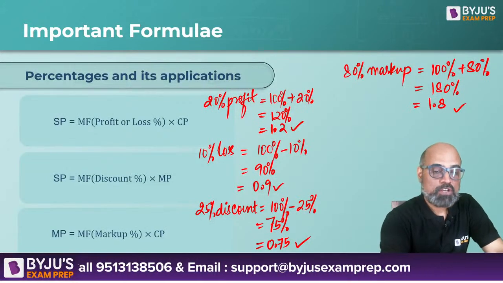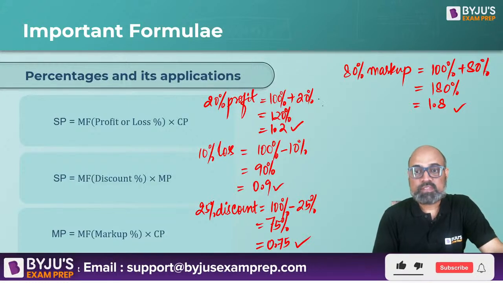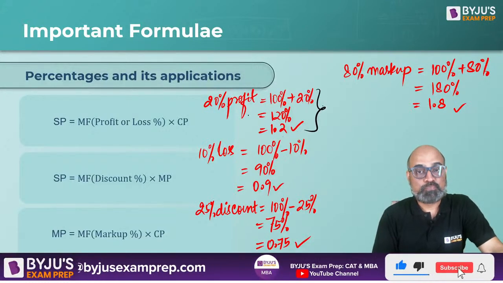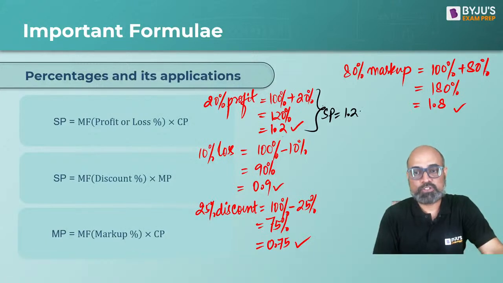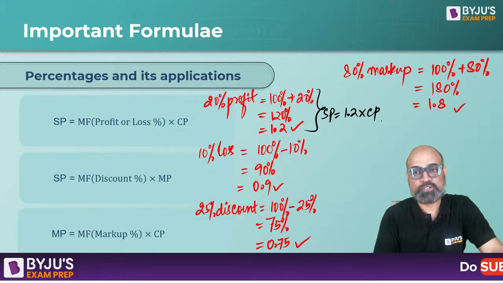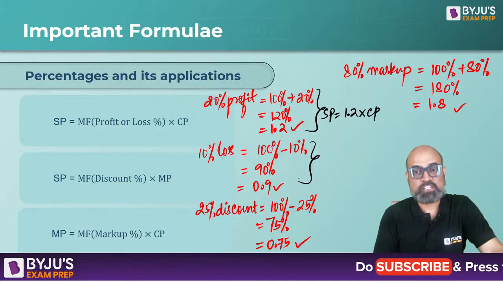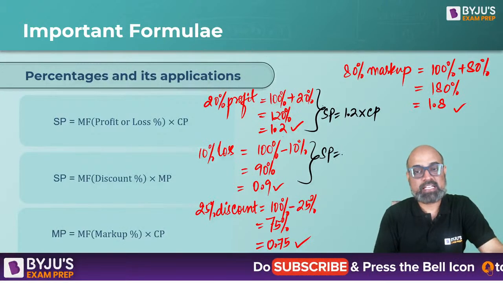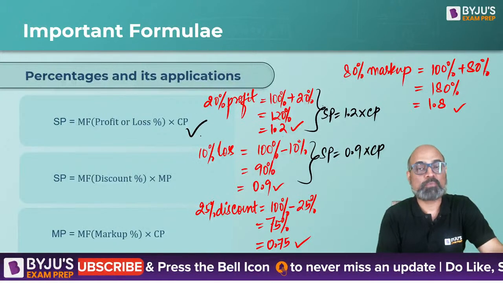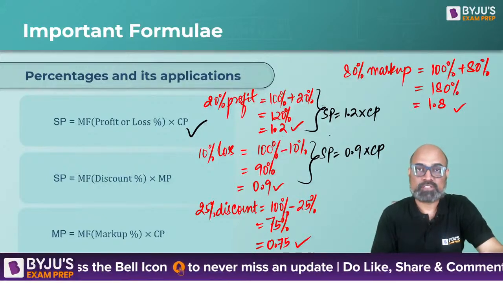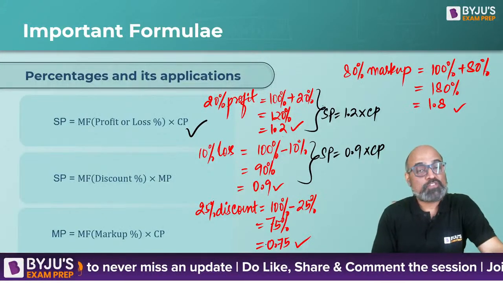Okay. So in the case of profit scenario, what you do is you simply write down selling price is equal to the multiplying factor that you have got into cost price. In the case of loss scenario also, you will be writing selling price is equal to the multiplying factor into cost price. Okay, so we are talking about the first equation. 25% discount.